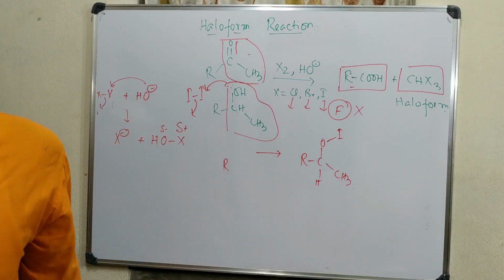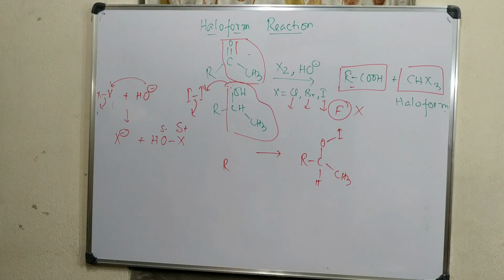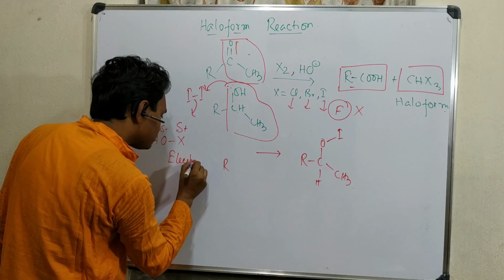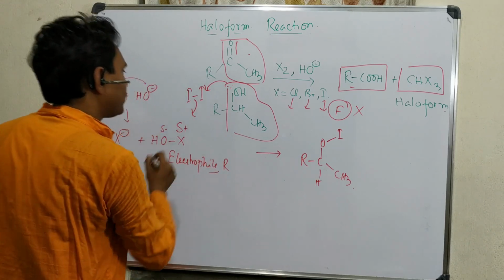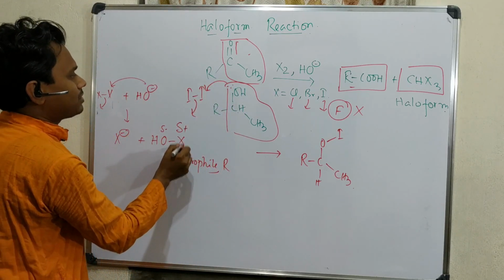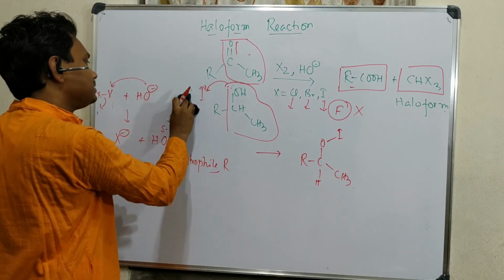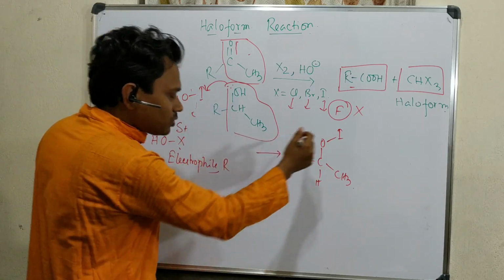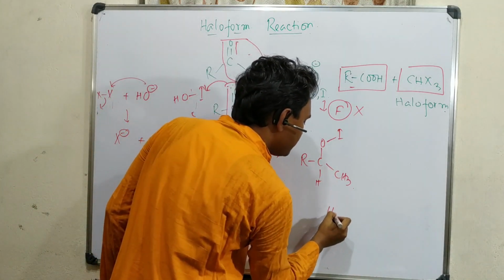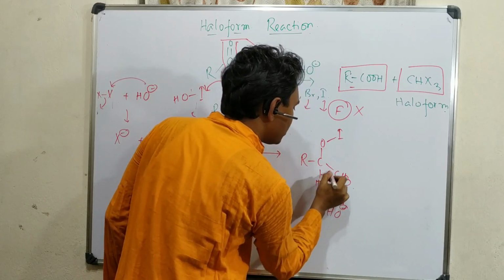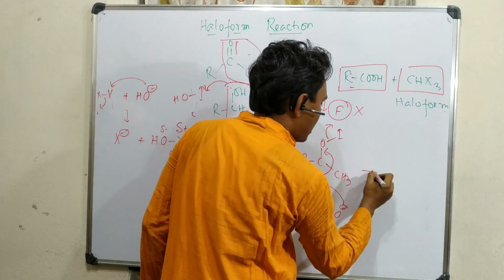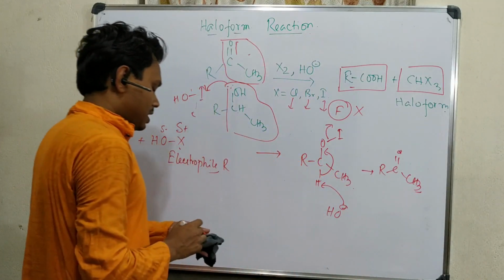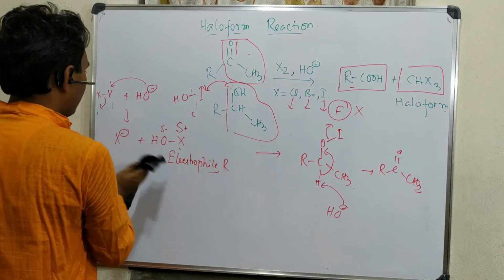Since X is delta positive, in this reaction it becomes an electrophile. That's why nucleophilic attack on this halogen is possible. So it is better that you write it this way. In this way this is produced, and after that base will abstract this proton and it will leave. So the ultimate product is this ketone, the ketomethyl compound. So that's how this alcohol works.